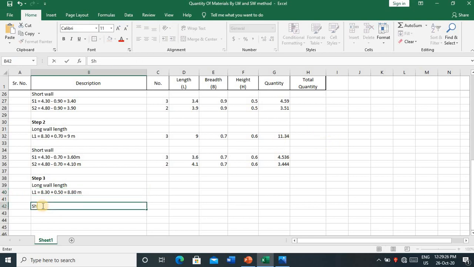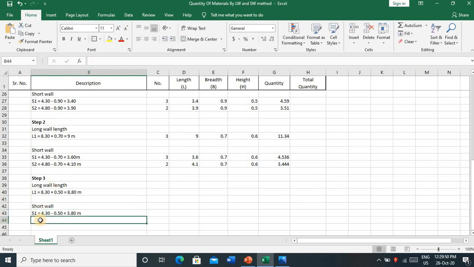And for short wall, S1 will be 4.30 minus 0.50, the width of the footing, which comes to 3.80 meter.